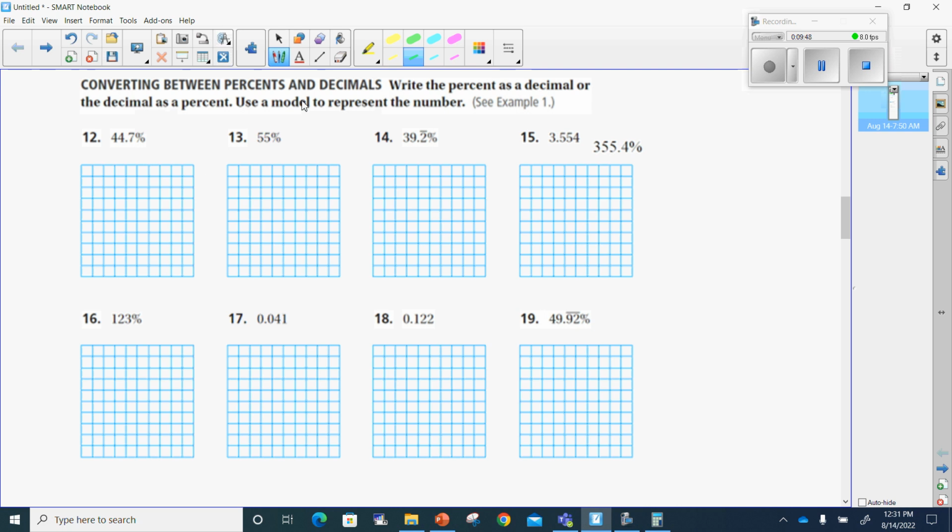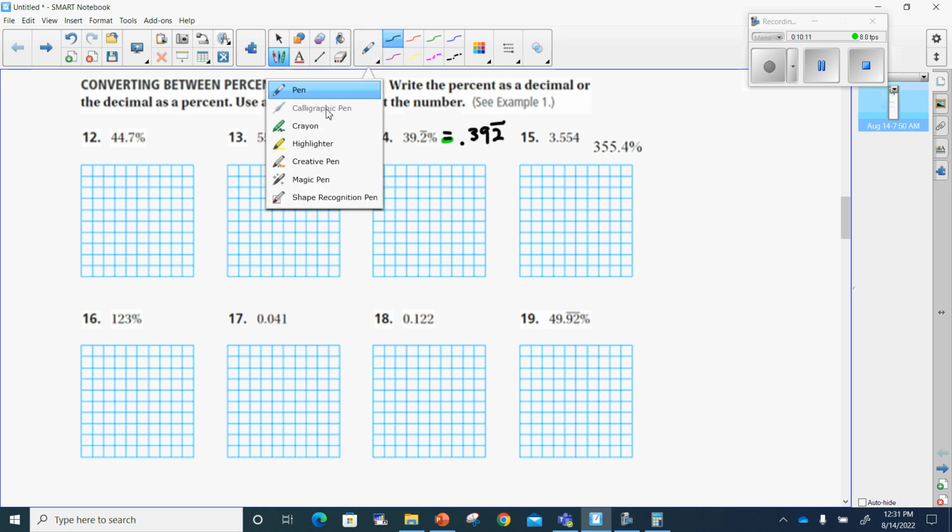Okay, so if I was going to do number 14, I would say this is 39.2 percent, I move my decimal over 2 spots, which means this is going to equal 0.392 with the 2 repeating.